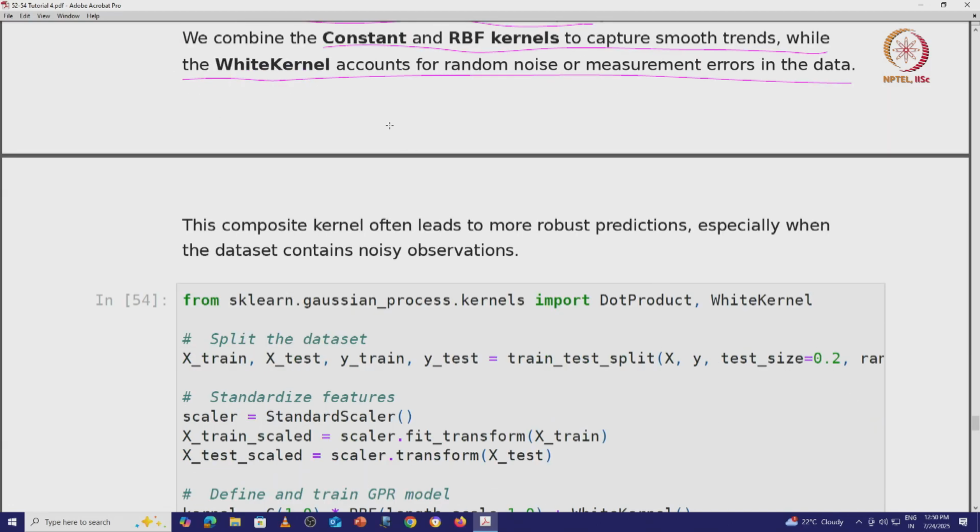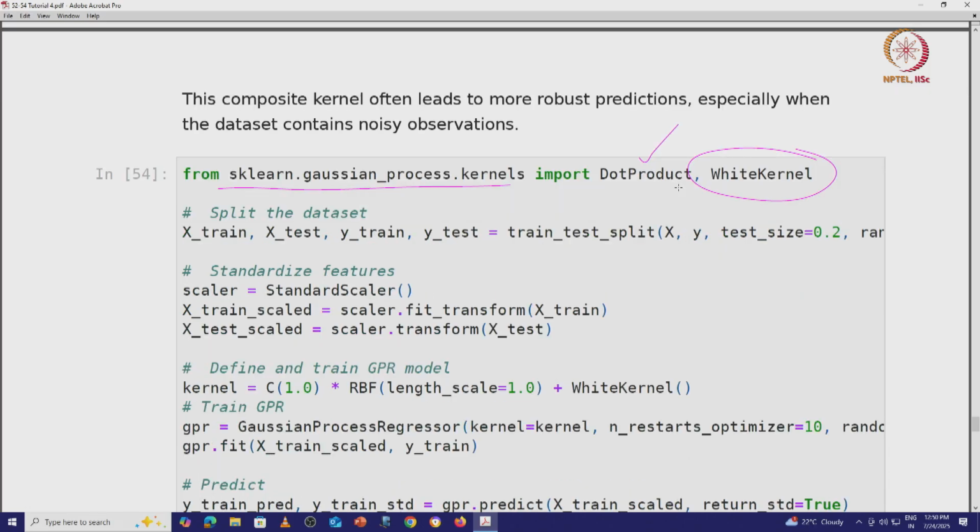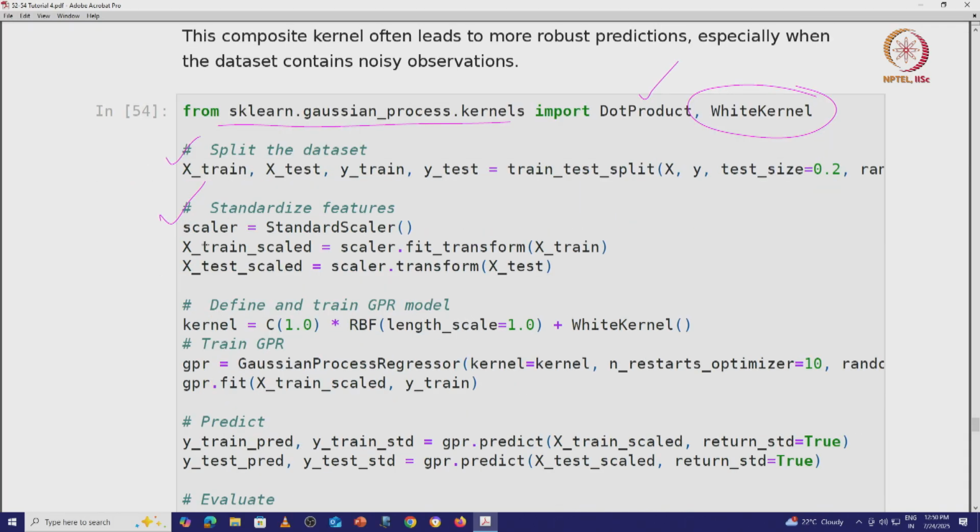And this composite kernel often leads to more robust predictions, especially when the data set contains noisy observations. So from the sklearn Gaussian process kernels we are also importing the white kernel and the dot product operation. So we are splitting the data set, standardizing the features through a scaler, and this is the important part wherein we have a constant kernel multiplied by an RBF kernel, and we are adding this white noise kernel to it.